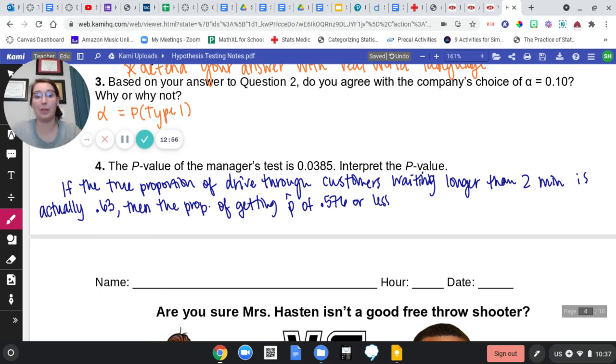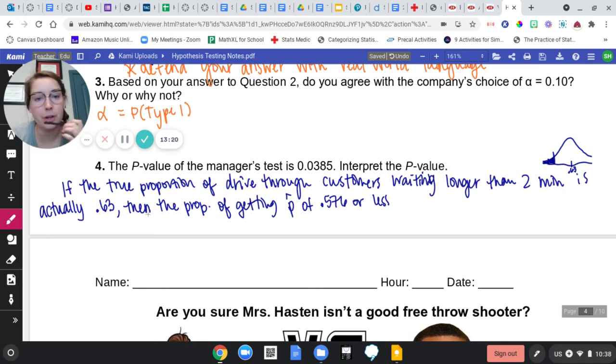It could be anything less. So I'll kind of highlight what we did here. We're assuming the null is true, 0.63. And then we got something way down here. Well, we can't find the probability of just one thing. So we're going to find the probability of that or more extreme. And because we're interested in lowering our proportion, we're shading the left side, the less than side.